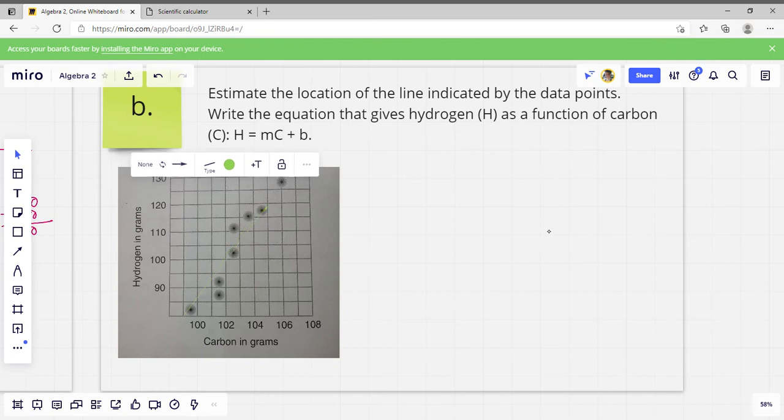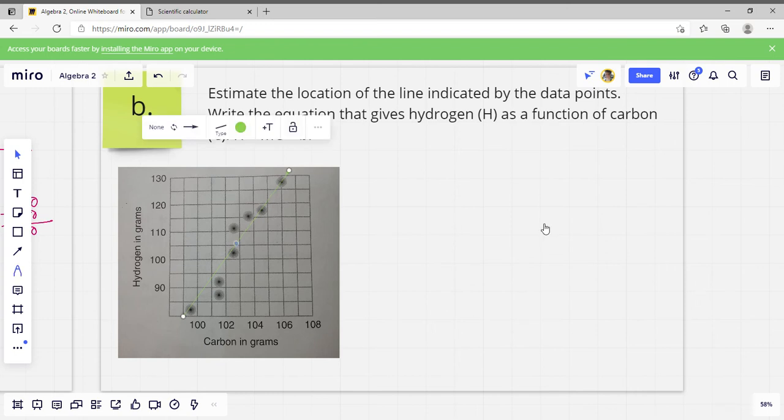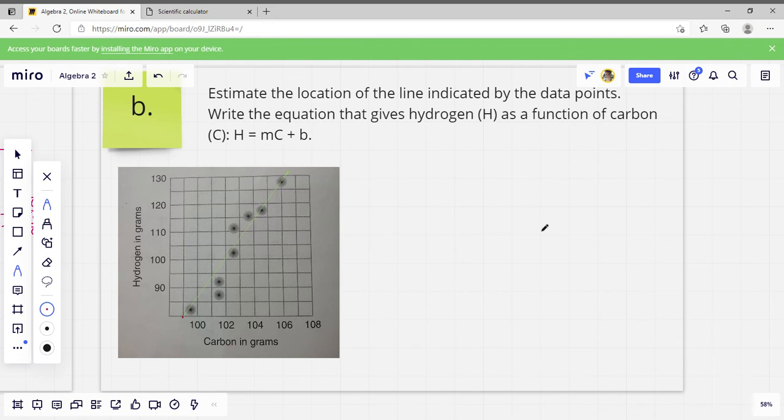All right, I could get one that went like that, approximately. That hit some of them. I could put it here. I could put it down there. I'm just going to put it somewhere in the middle there. Looks pretty good.